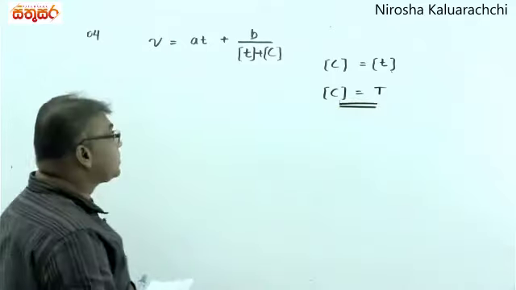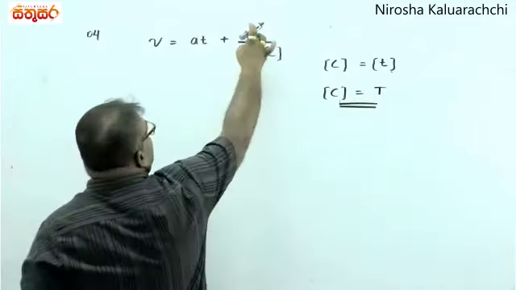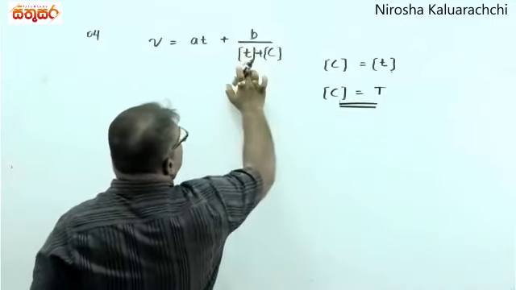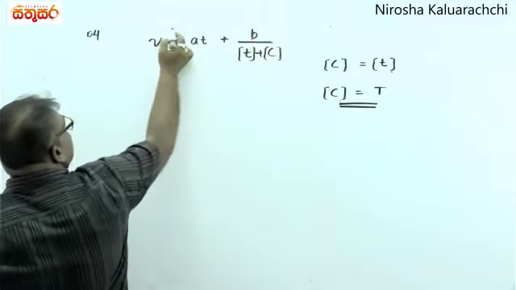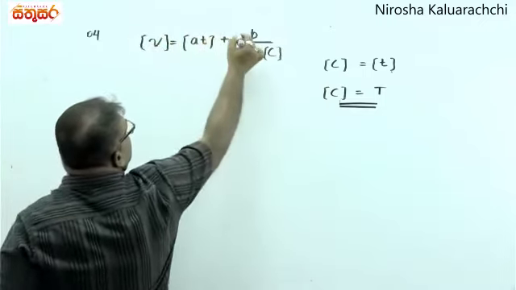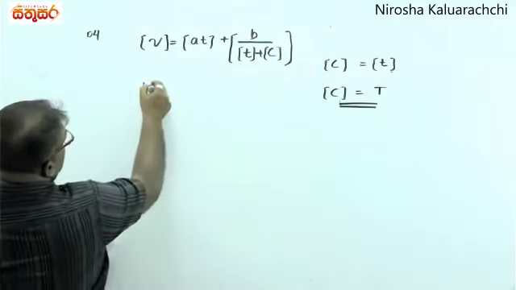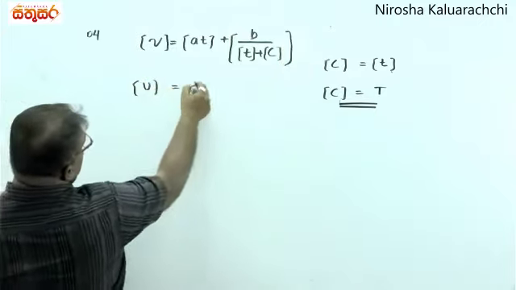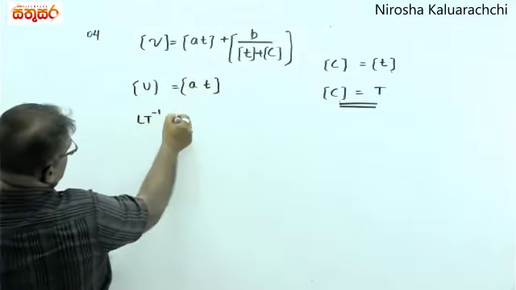They need the dimension of A, B, and C. Next one, B over T, as well as B over C, similar to each function like this. Let's say they have the same dimensions. V is dimensionally the same as A T, L T minus 1.